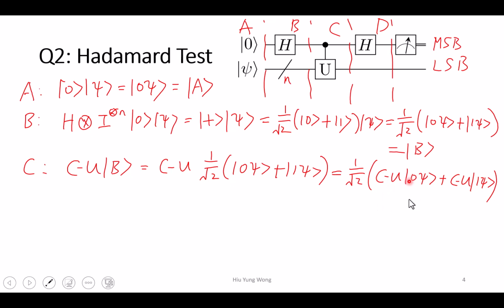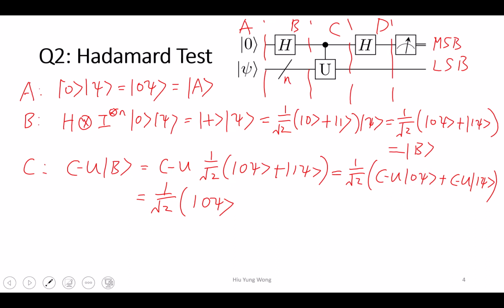It means if the controlling qubit is 0, we don't apply the operator to the target qubit. If the control qubit is 1, we apply the operator to the target qubit, right? So just based on this definition, control U on |0>|psi> equals |0>|psi>, because the control qubit is 0 in this case. So I don't apply anything, I just apply identity to psi.